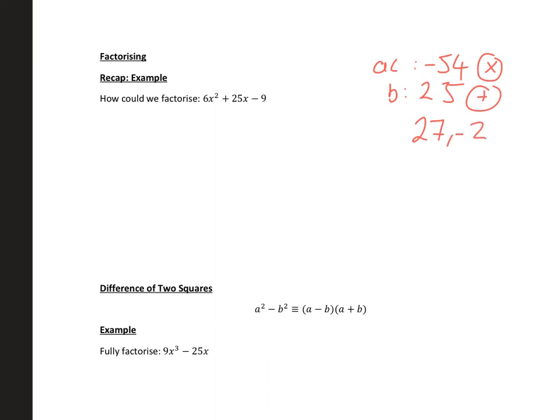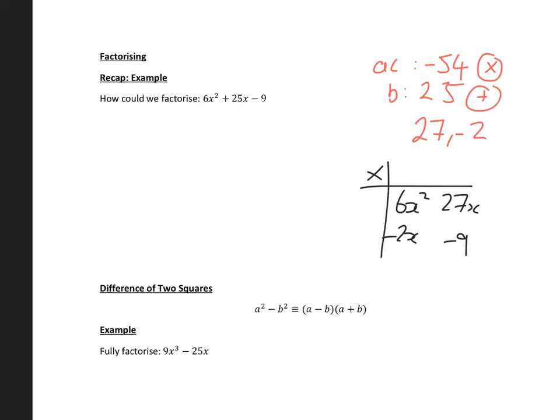So you could draw a grid and have 6x squared in one corner, minus 9 in the other, and then separate 25x as 27x minus 2x. And now I can just factorize each column and each row.